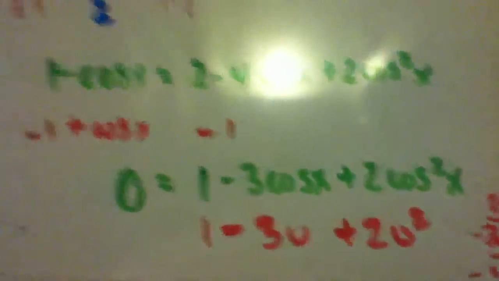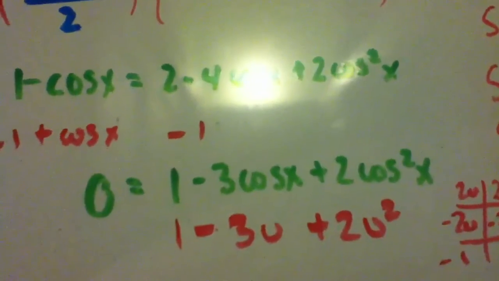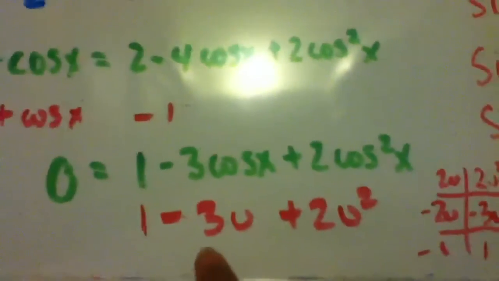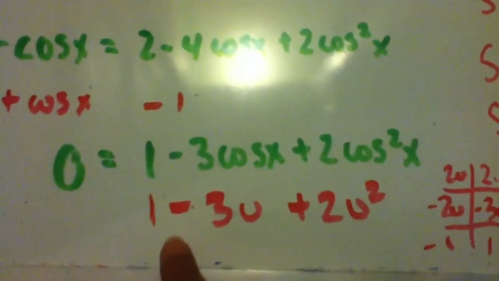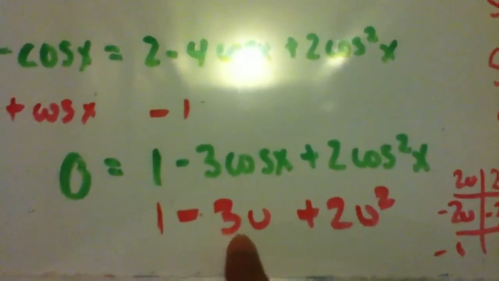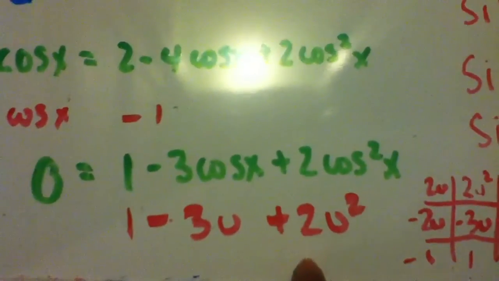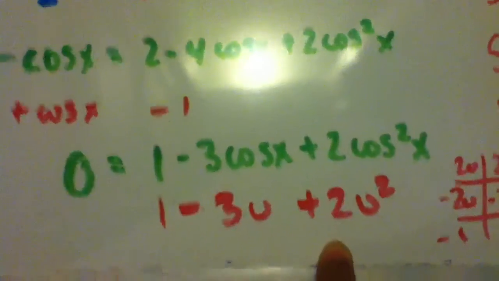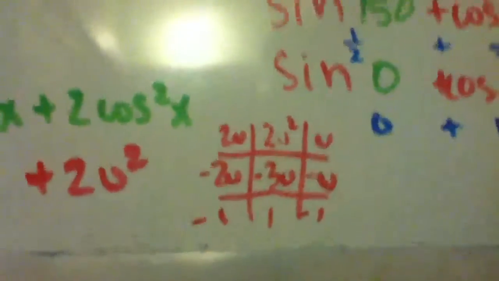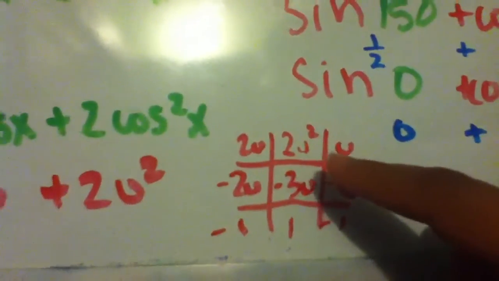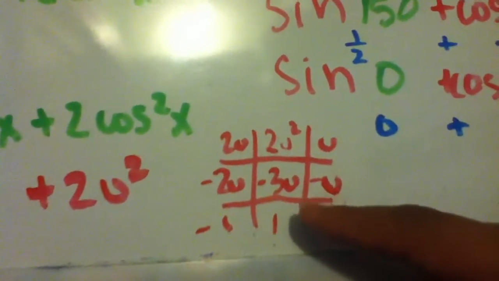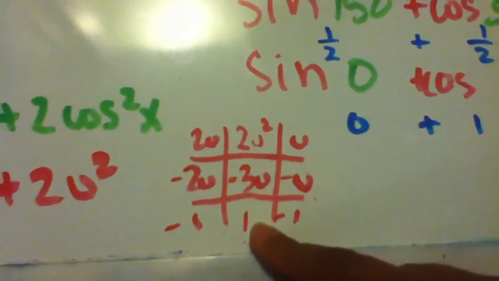Just so that it's easier to see what we're doing, I'm going to change it into 1 minus 3u plus 2u squared so that we may factor it easily. So we have 2u squared minus 3u plus 1.